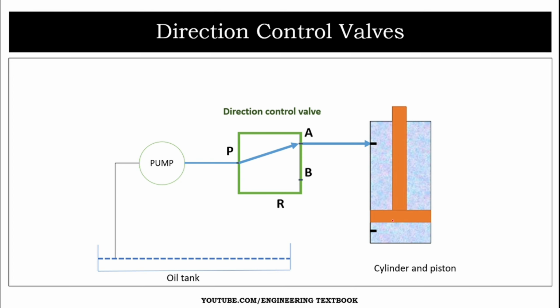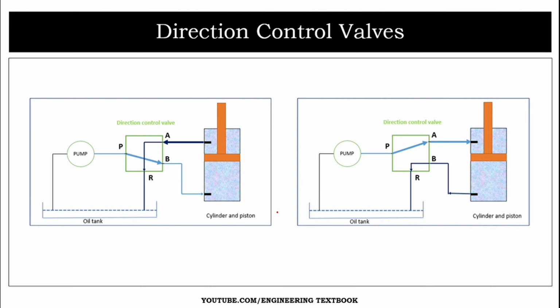Because the piston has moved downward, the oil from the other port will pass through port B to the oil tank via port R. So from these two cases, it is clear that oil must be directed first through port B and secondly through port A, and port R will connect to the oil reservoir through the remaining valve.